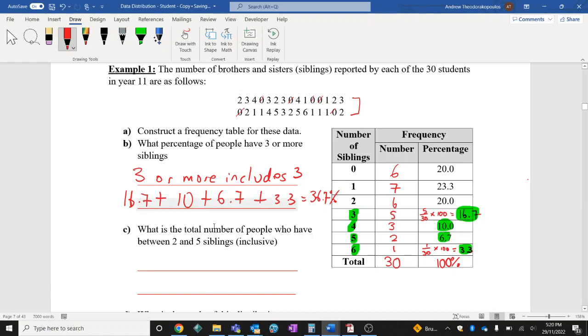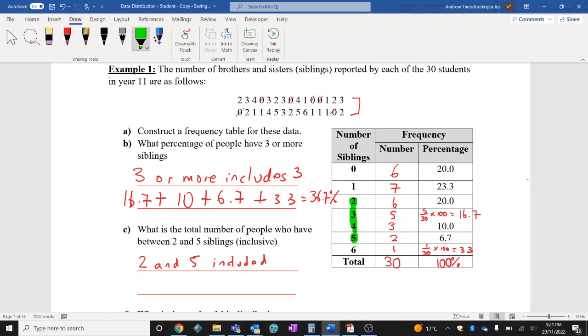What is the total number of people who have between 2 and 5 siblings? So because it says inclusive, 2 and 5 included. So let's rub out all these highlights. We are now dealing with 2 and 5 included and everything in between.